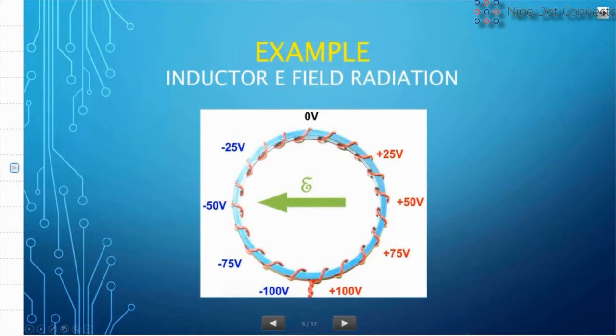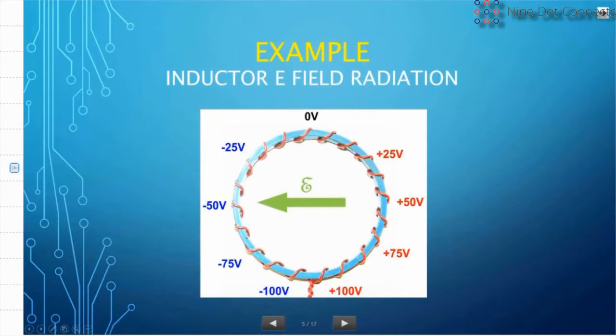Well, guess what? If you look at it, you will note that at a particular instant in time, if one of the wires has plus 100 volts and the other has minus 100 volts, well, guess what? The wires themselves actually are charged positively on one side, negatively on the other side, and hence you have created an antenna. And that will radiate an E-type field that can get you into a lot of problems.